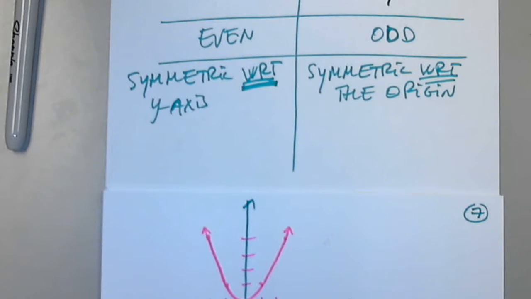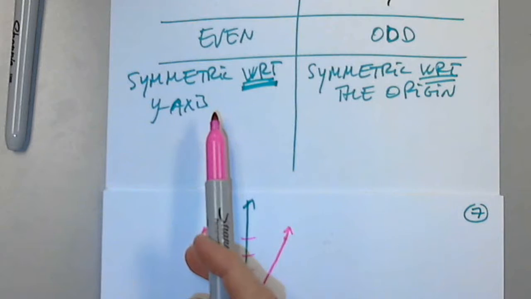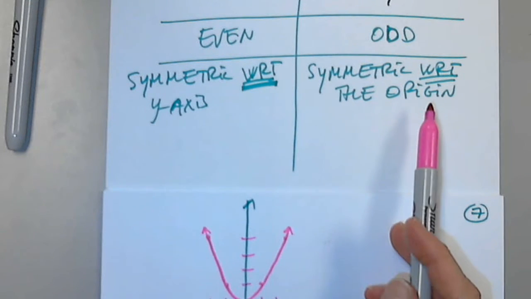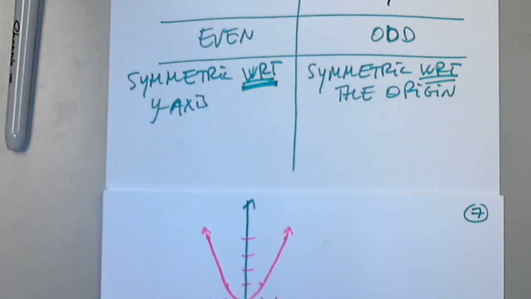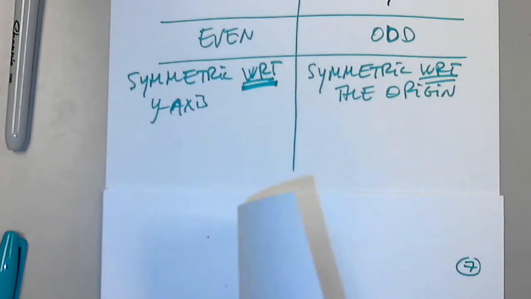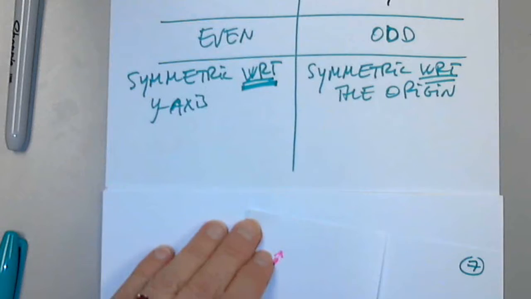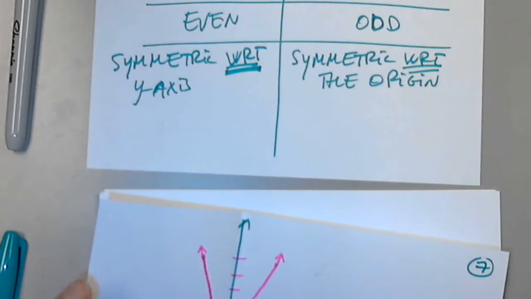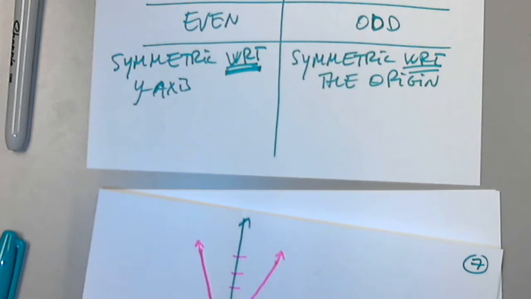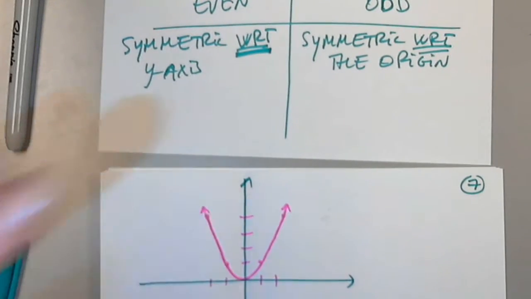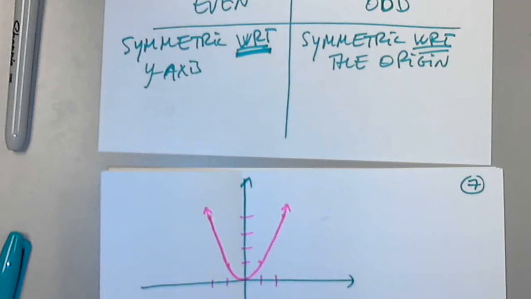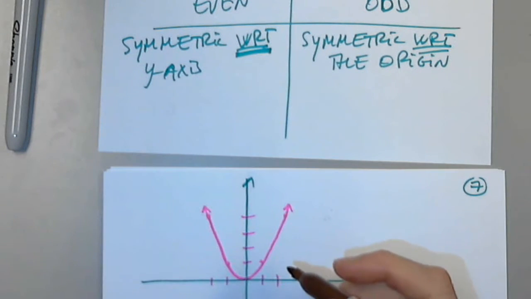Quadratic. Correct. But is it symmetric with respect to the y-axis or symmetric with respect to the origin? Of course, I can even show you this. That's why I love writing on paper. Could I have done this with a board? Just kidding. Of course not.